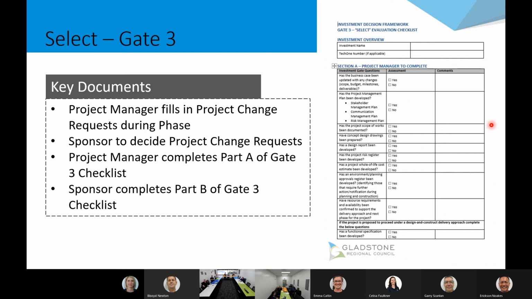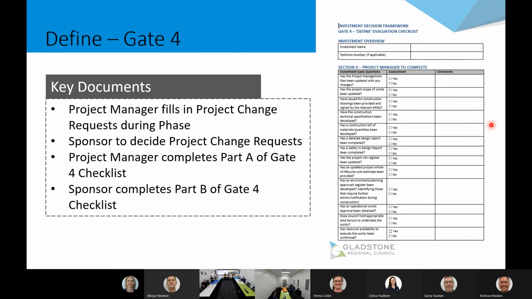So part A of the gate 3 checklist is about the project manager making sure they've done what they've needed to do and getting consistency between projects as well. So, making sure there are project management plans and different elements. Then part B is where the sponsor would review and make the decision for the gate. And there's a series of questions in there to help facilitate what constitutes, yes, this is still valid and it still should proceed.